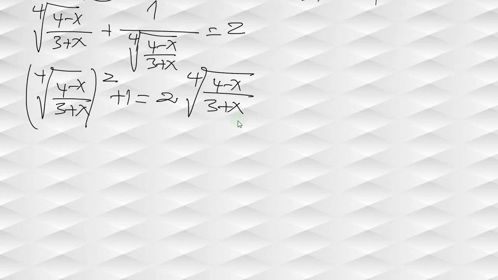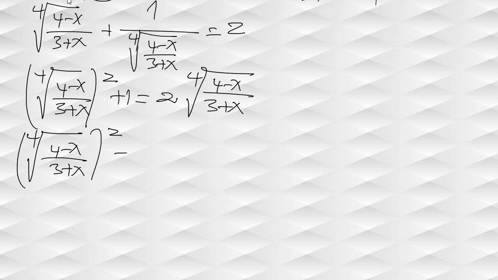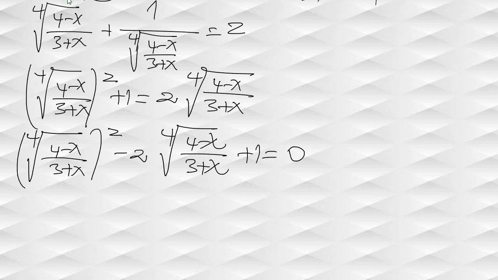Okay, cool. Now I'm just gonna send the term on the right side of the equation to the left side. So we have the 4th root of 4 minus x over 3 plus x, to the power of 2, minus 2 times the 4th root of 4 minus x over 3 plus x, and then plus 1, and this is 0.